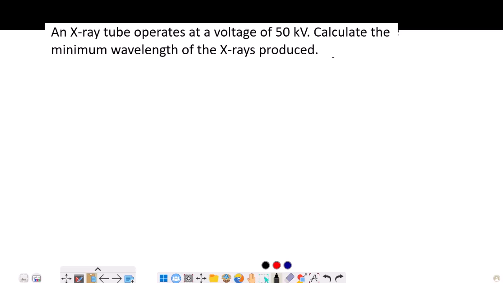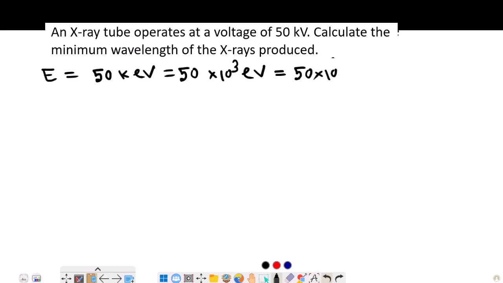So the X-ray tube operates at 50 kilovolt, so the energy of the X-ray photon is 50 kilo electron volt, that is 50 into 10 to the power 3 electron volt, and we know that 1 electron volt is 1.6 into 10 to the power minus 19 joule. So this is equal to 50 into 10 cube into 1.6 into 10 to the power minus 19 joule.